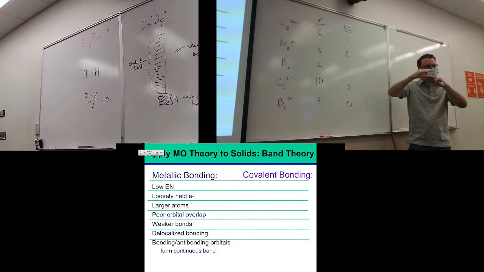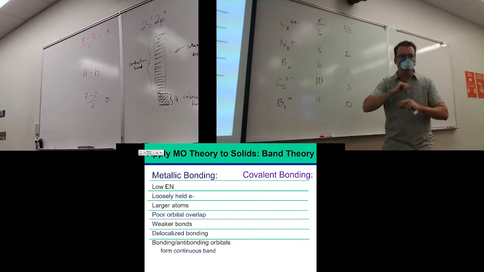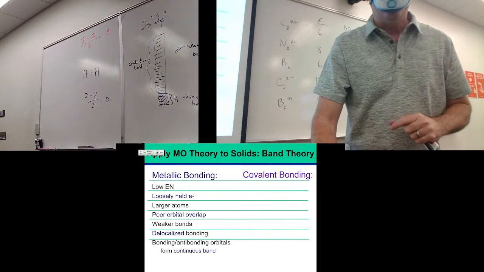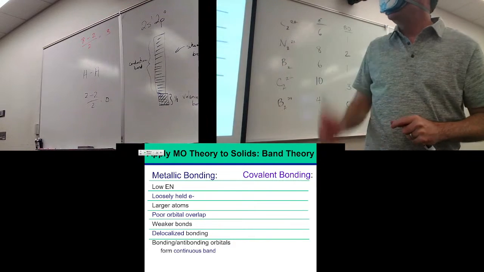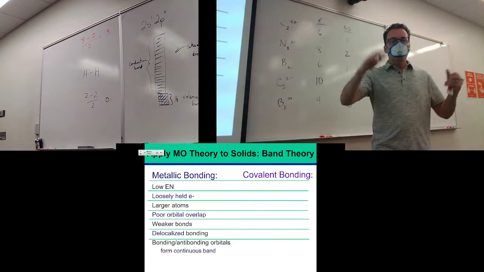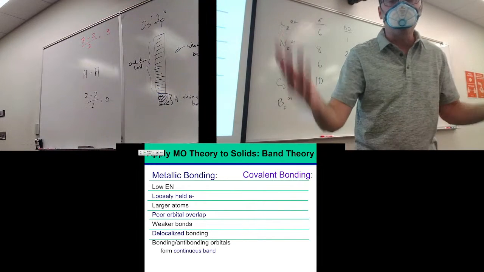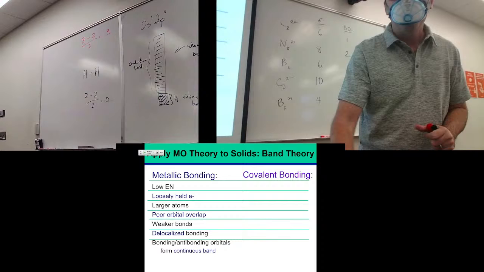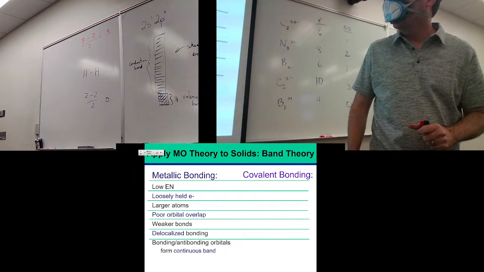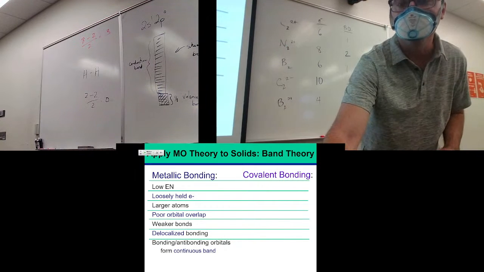It keeps the gap between bonding and antibonding small. That's going to be important. We'll see why. But it causes delocalized bonding, meaning we don't really care exactly where the electrons are. They can be anywhere in the molecule, anywhere in the structure. And the bonding and antibonding orbitals tend to make this continuous band.